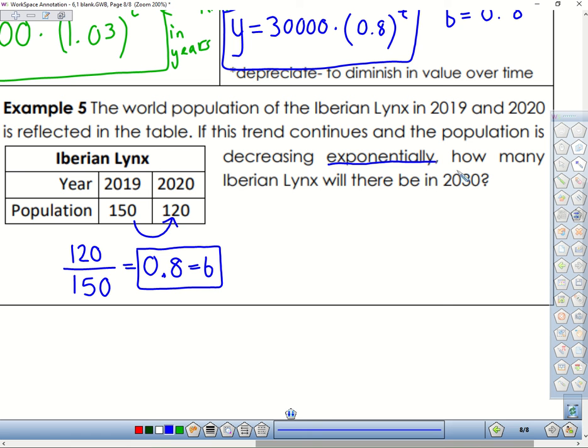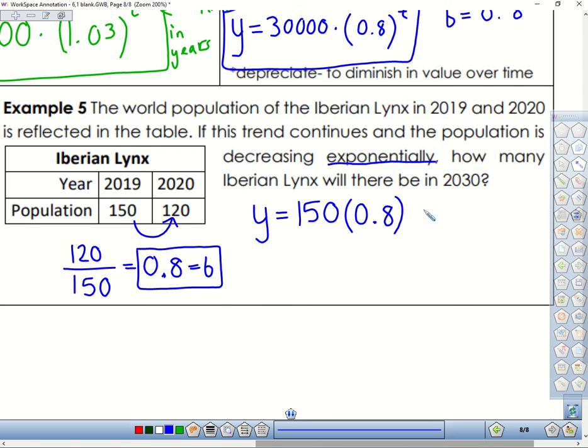So now that we know our B value, we can set up our equation, right? You can set up the equation two different ways. This way makes the most sense to me. The starting population in 2019 times 0.8 to the... Now, how many years would span from 2011 to 2030?